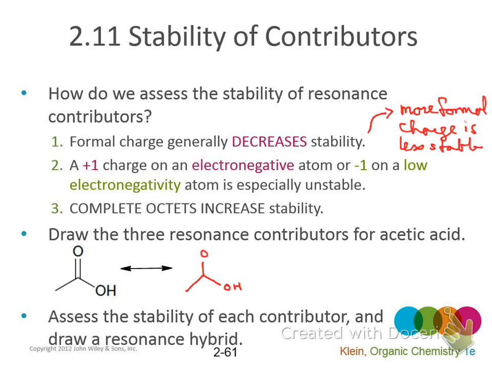So I can draw the skeleton right away, and basically I'll be moving electrons around. Okay. So you know on the oxygen, how many lone pairs am I missing on this top oxygen? 2. And on this oxygen, it's a little trickier, but it's bonded to the H. It's still missing 2.